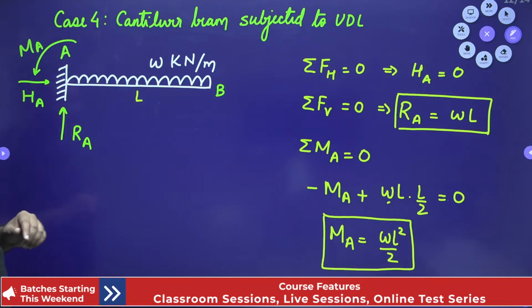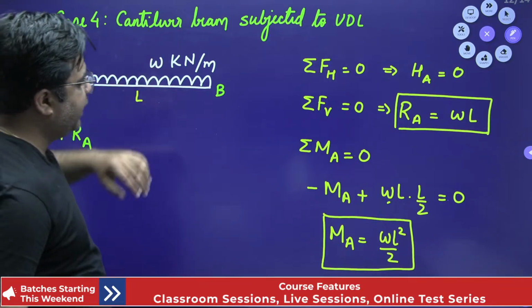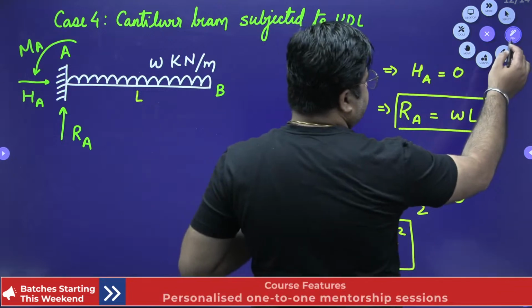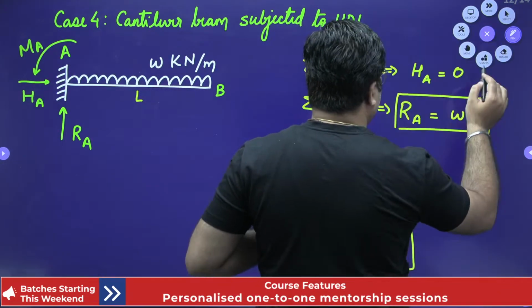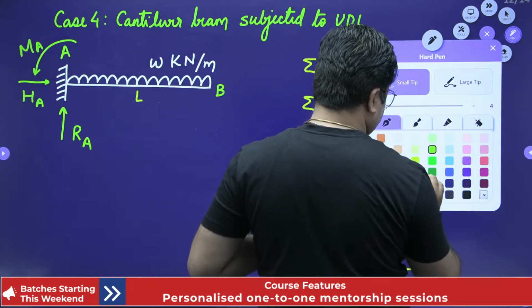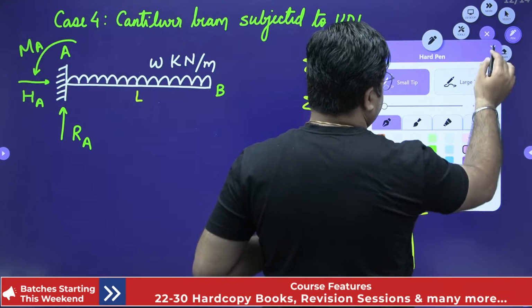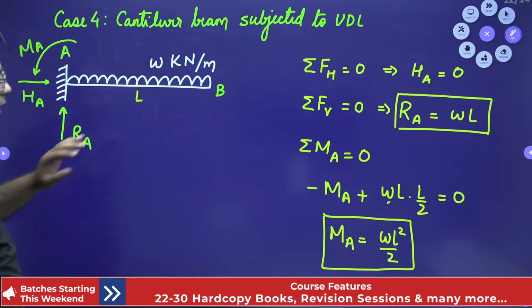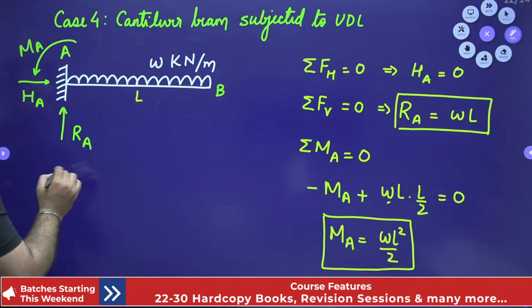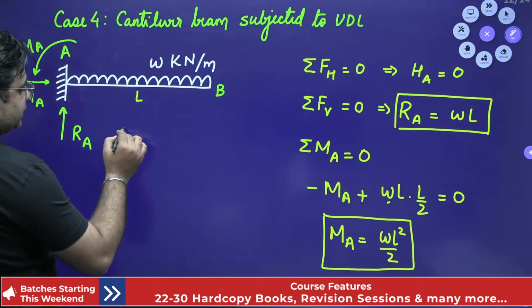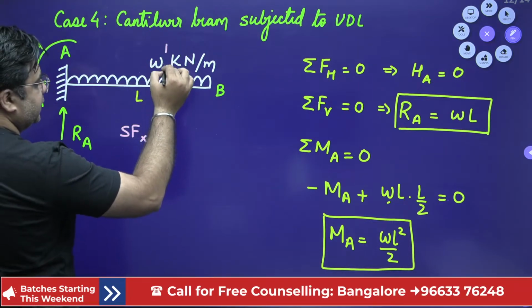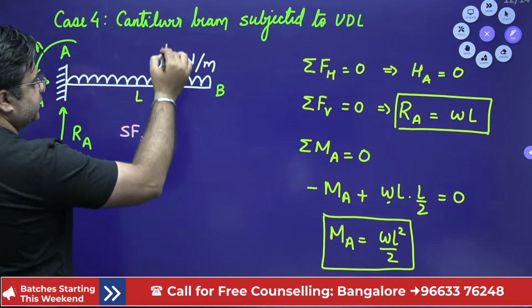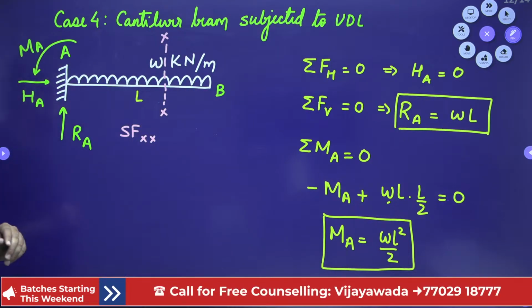Okay. Now we write the bending moment equation at section XX from the left support. Before that we need to write the shear force equation. First of all we need to draw the shear force diagram. So this is my section XX, right?